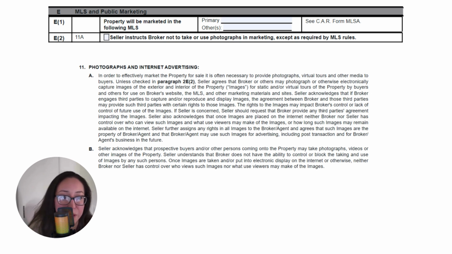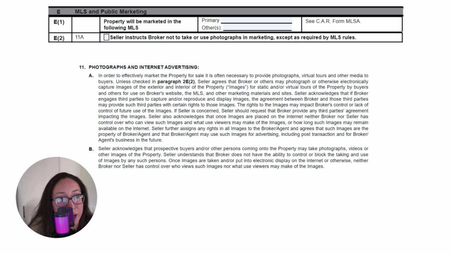If you actually go to paragraph 11A, it goes more in depth over it. It just discusses by default that in order to effectively market the property for sale, it is often necessary to provide photographs, virtual tours, and other media to buyers.